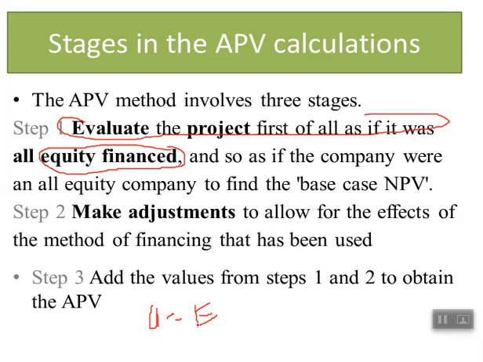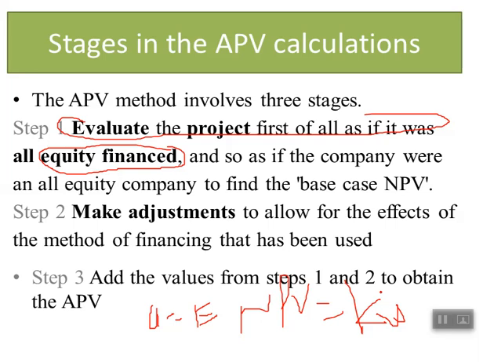So in your first step, you are going to determine the net present value of the cash flows, but using a cost of a business that is not geared. That's the first step. Please, I want you to get this.